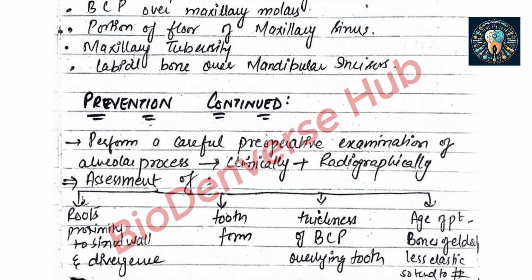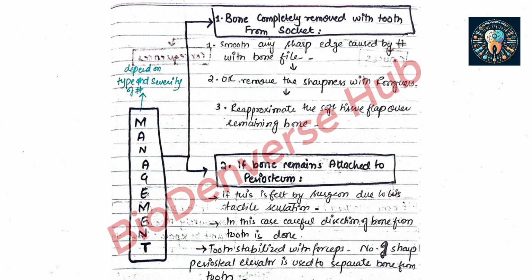Then we also need to assess the tooth form, the thickness of the buccal cortical plate overlying the tooth, and the age of the patient as well. As the age advances, the buccal cortical plate or the bones usually get less elastic, so there is a very high tendency that they could fracture under the minimum amount of pressure as well, or if it exceeds the threshold level.